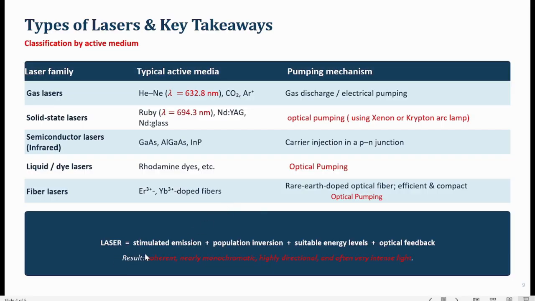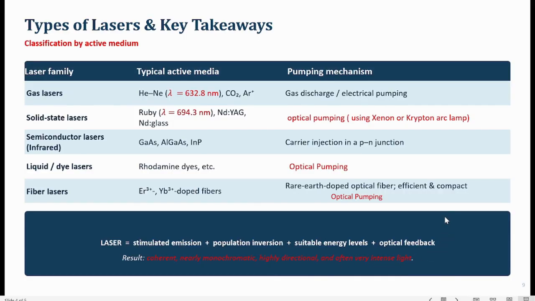So laser is actually stimulated emission plus population inversion, plus suitable energy levels, plus optical feedback. So these are the four basic components to give us laser light, and that laser light is coherent, nearly monochromatic, highly directional, and often very intense light.